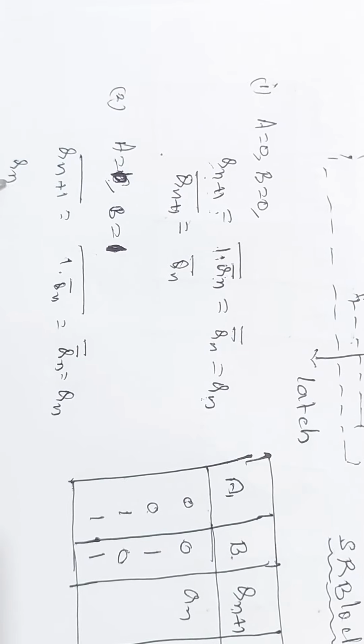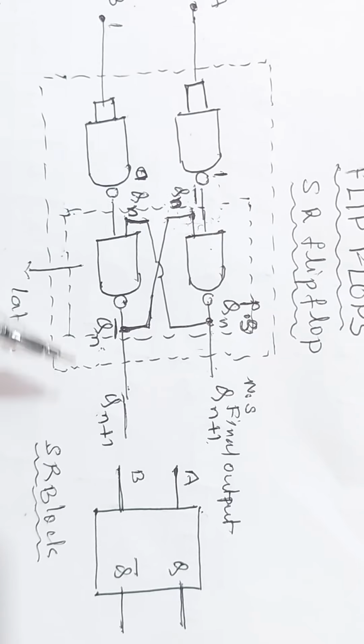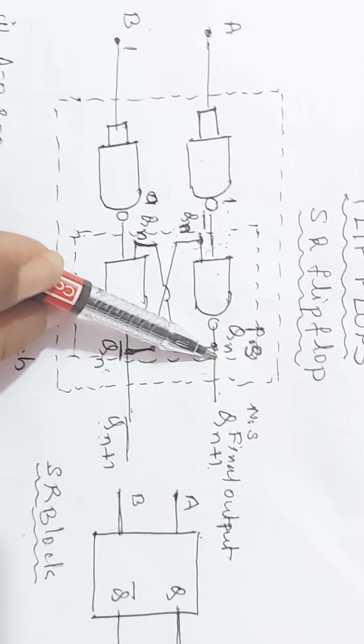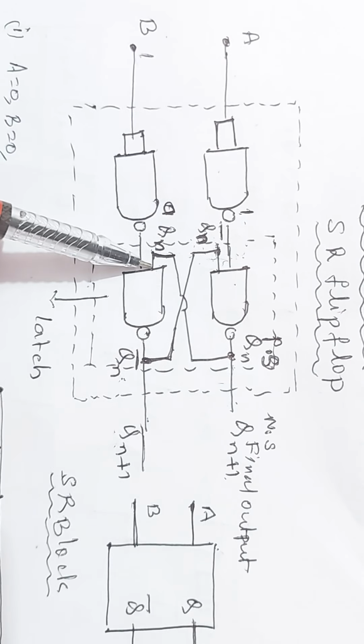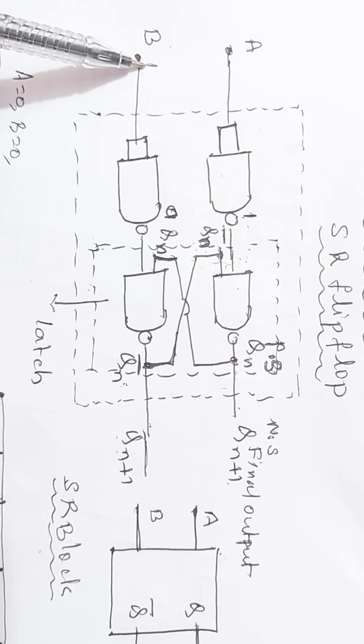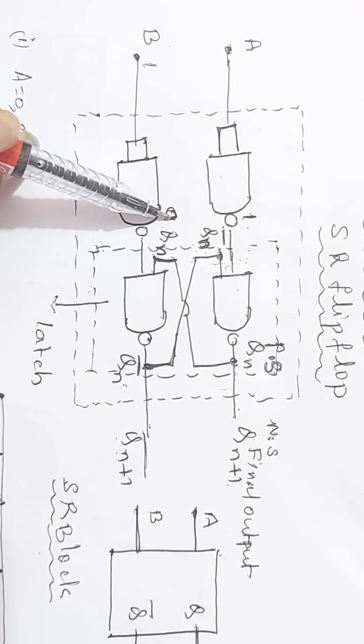And therefore, Qn plus 1 bar is the output of this. How do you get this output? This Qn is applied here. 1 is the input of this. Since 1 is the input, the output of the NAND gate is 0. 1 complement is 0.